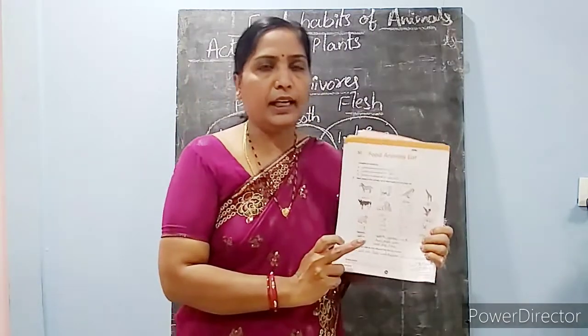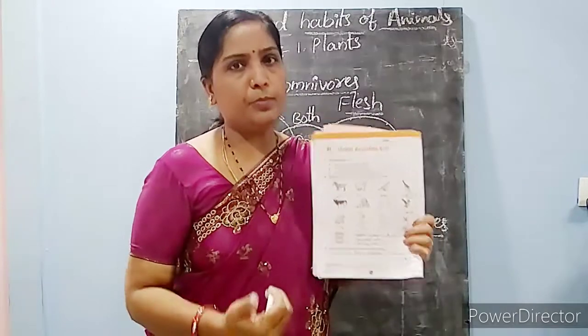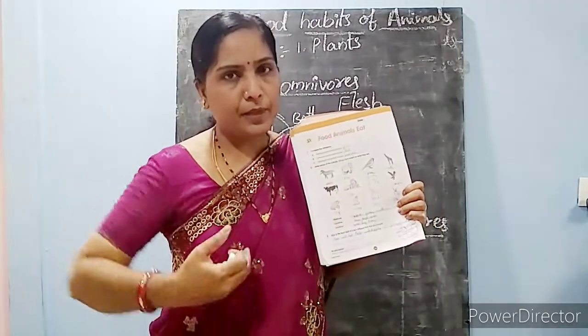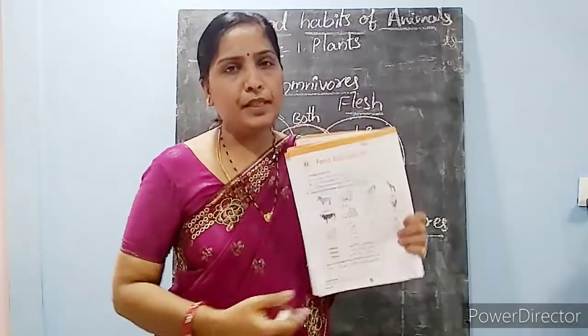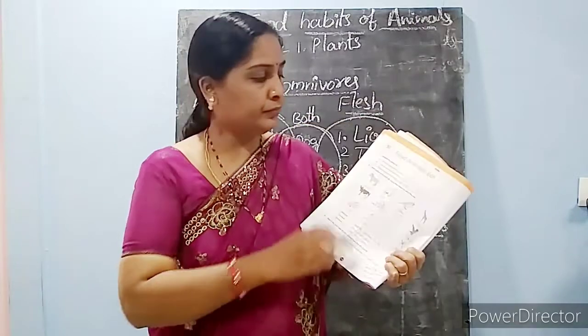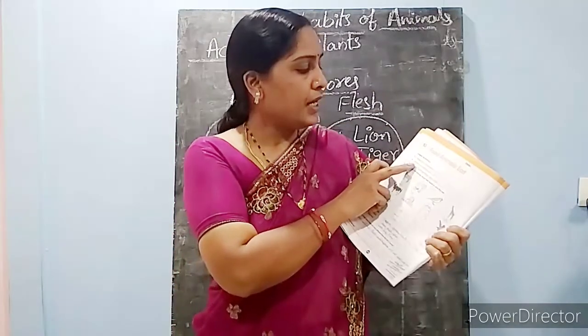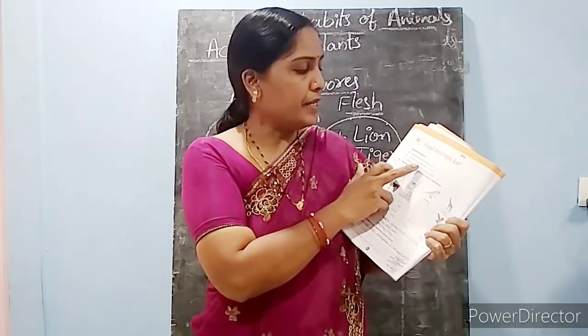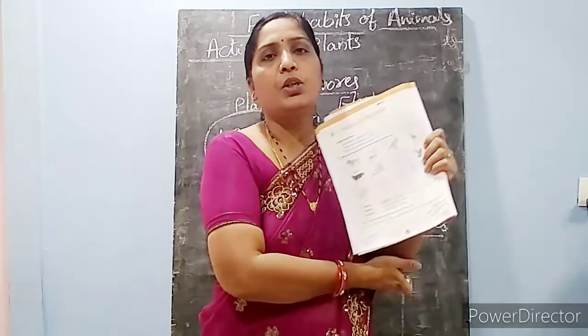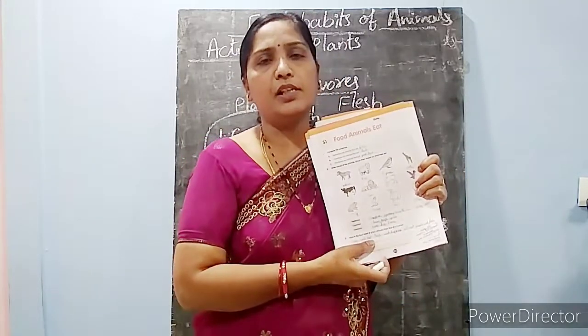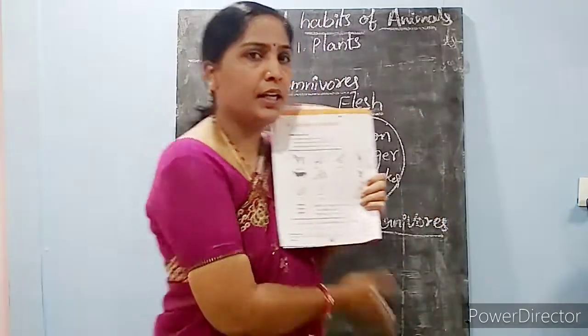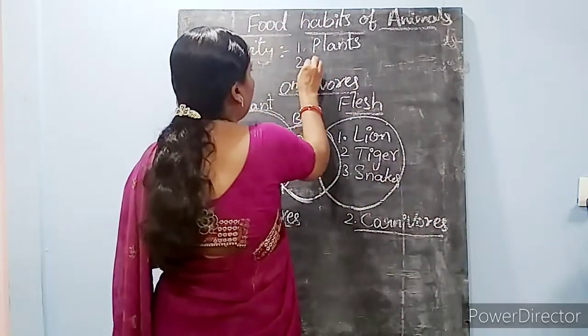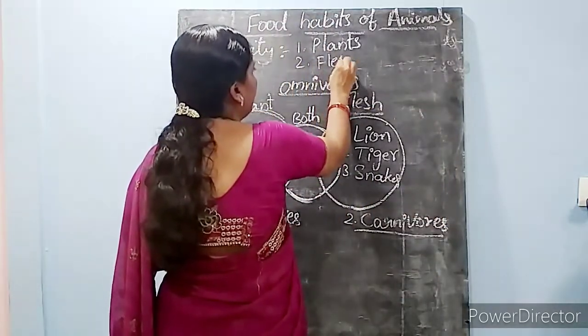Now come to the next bit, children. When you are taking class, you sit along with books, children. Then it will be easy for you to complete your work in time. Now next one you see, carnivores are animals that eat. So carnivorous animals eat only flesh. What do carnivorous animals eat?